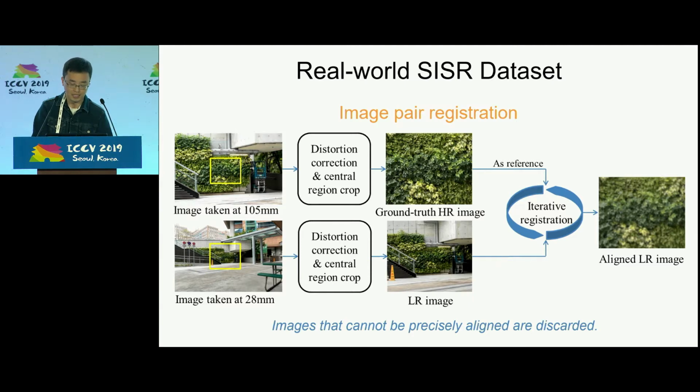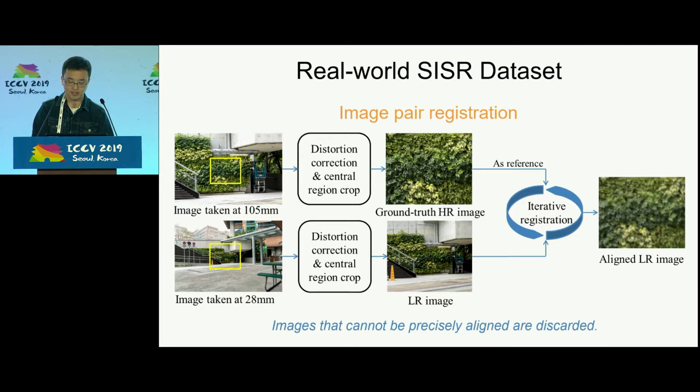This figure shows our registration process. We first import the images with meta information into Photoshop to correct the lens distortion. We then crop the interested region around the center of the image, where the distortion is not severe and can be well corrected. The cropped region from the image taken at the largest focal length is used as the ground truth HR image.